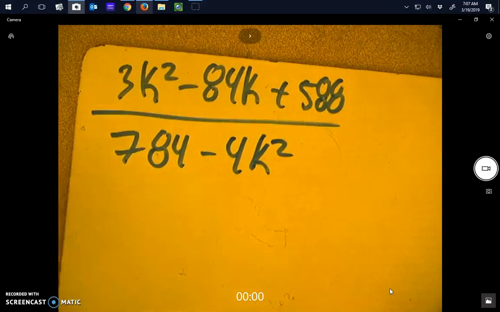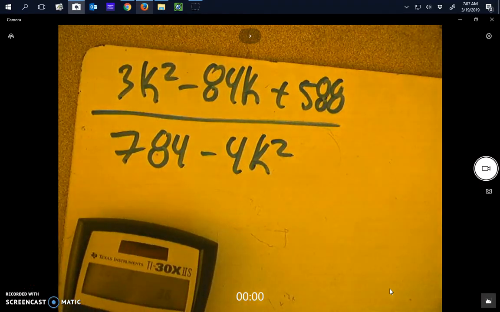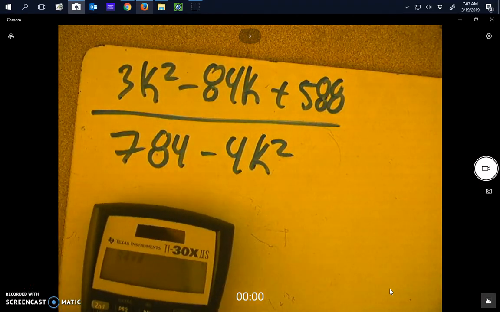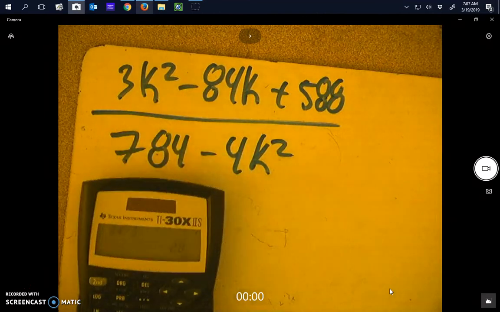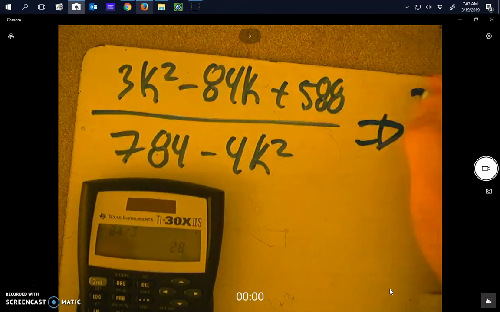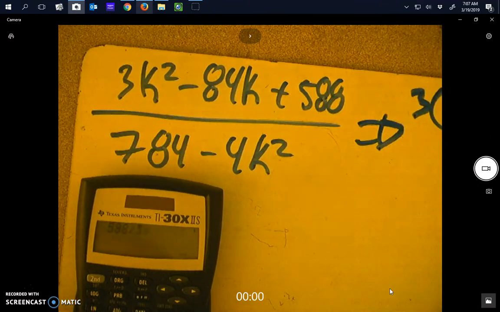All right, so we can pull out a 3, looks like, up here. So 84 divided by 3 is 28. Okay, so 3k squared minus 28k. 588 divided by 3 is 196.